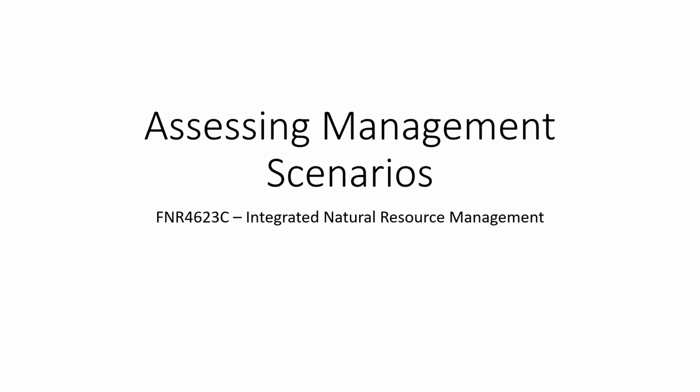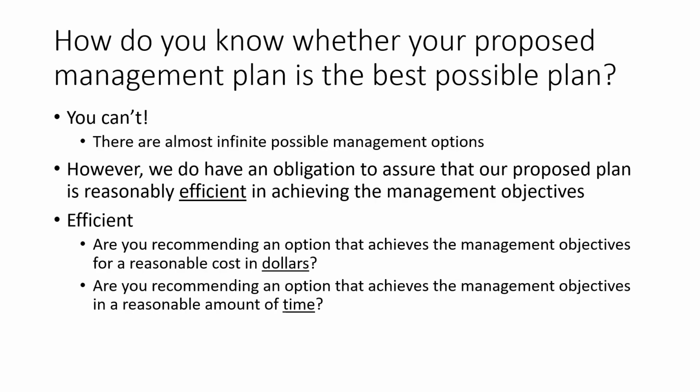So this lecture is intended to really focus on the tools of cash flow analysis and growth and yield modeling and how to pull those together to look at different scenarios and help you make decisions between alternatives. So really the question is, how do you know whether your proposed management plan or scenario is the best possible one?